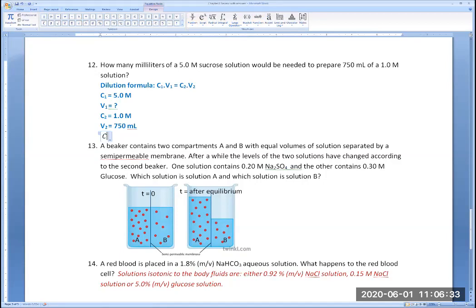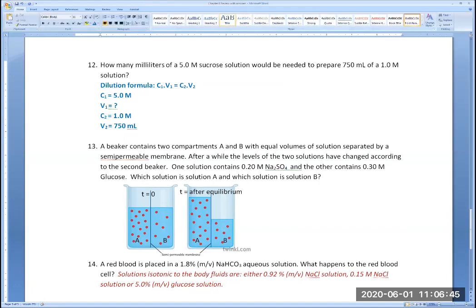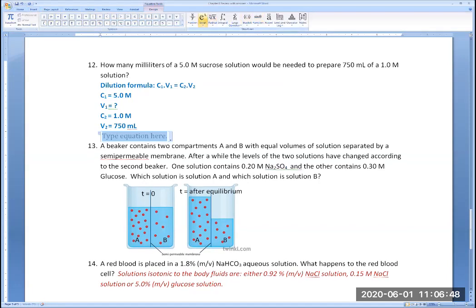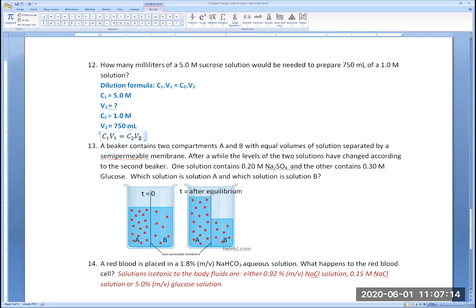So C1, V1, C2, V2. So how do I solve for V1?